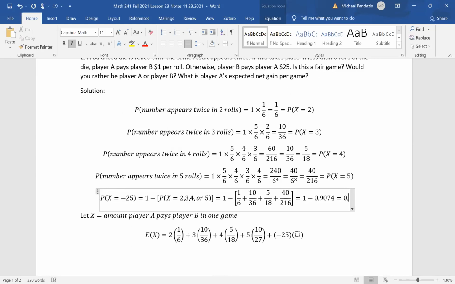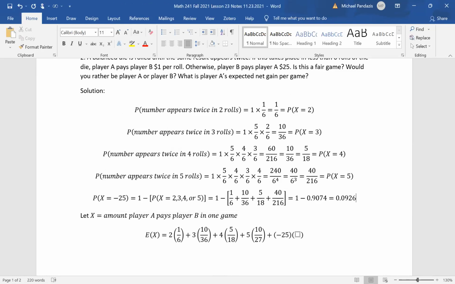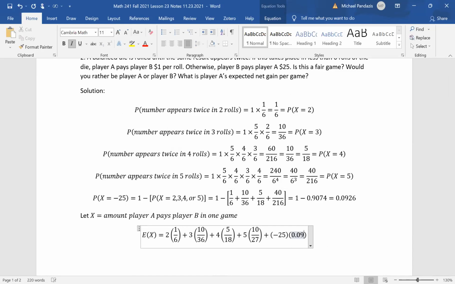That's equal to 0.0926. Okay, so that's the probability of that. So what number goes here is 0.0926.